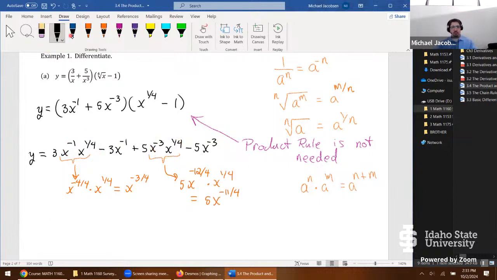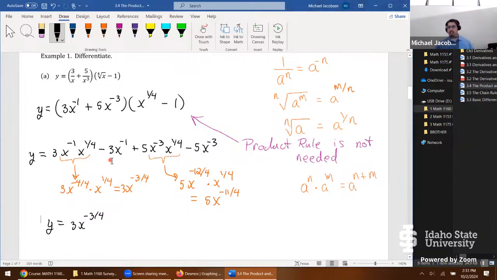This next step is just writing this all in. So y, still not the derivative, just ordinary y. We have to resist the urge to put y prime on it until we actually differentiate. It's going to turn into, forgot to carry that 3 down. Let me put it over here just to make the notes more readable. The 3 is affected, and I just want to make it parallel with this one where we brought the 5 down. So we get 3x power negative 3/4 on the first term.